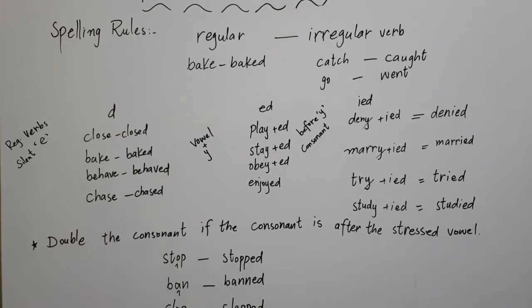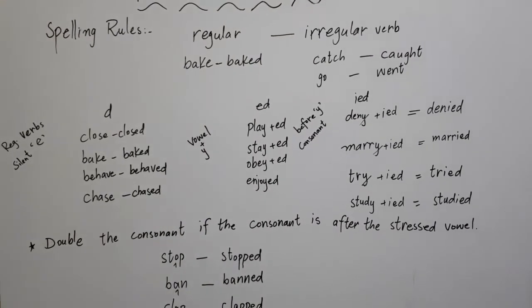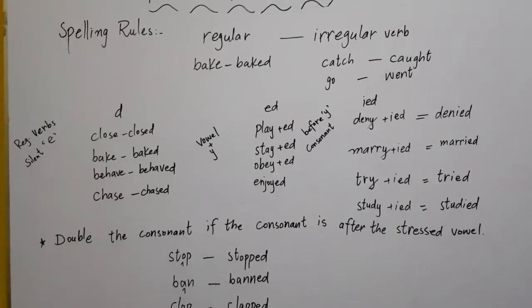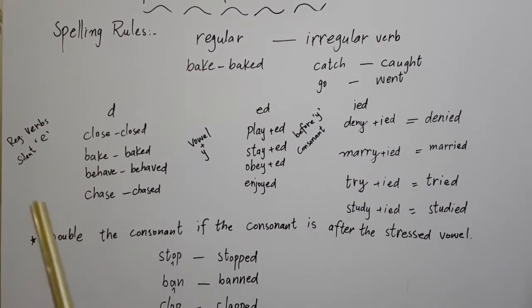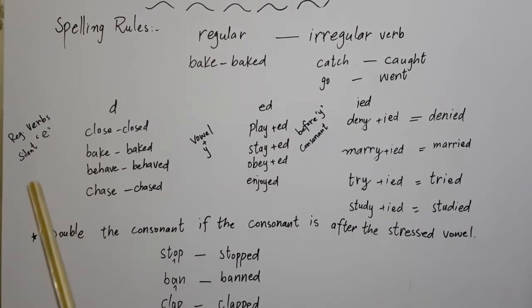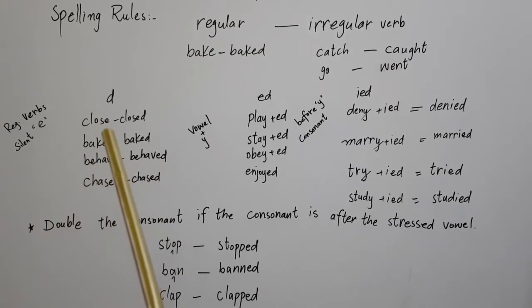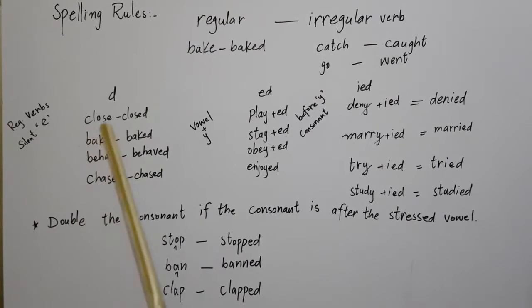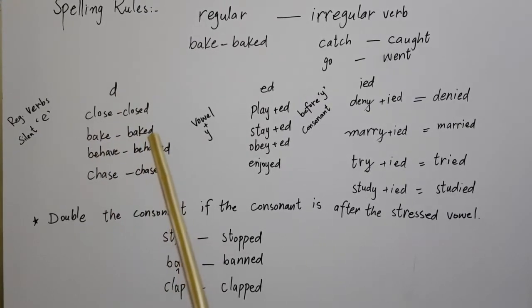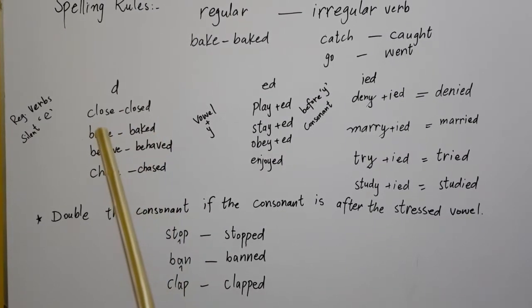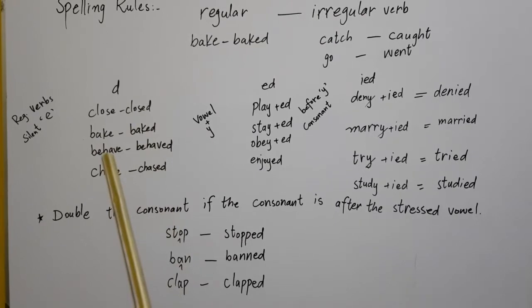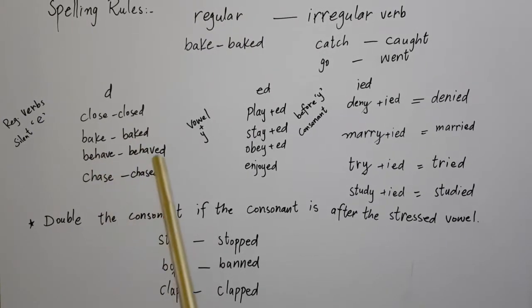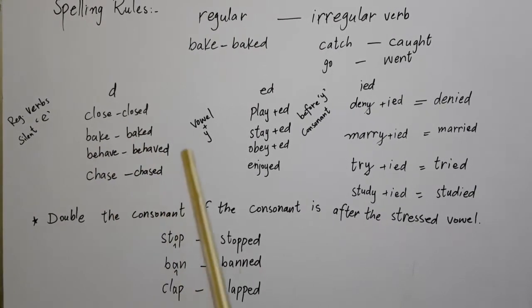We need to know the spelling rules to use the second form of the verb. Just like if the regular verbs have a silent e at the end, what do we do? We add only d. Just like close, closed, bake, baked, behave, behaved, chase, chased.